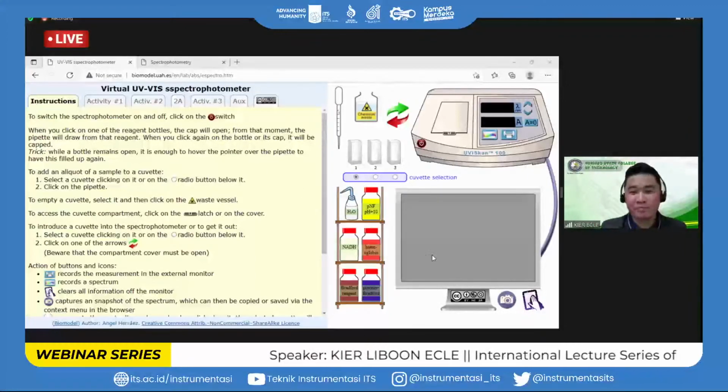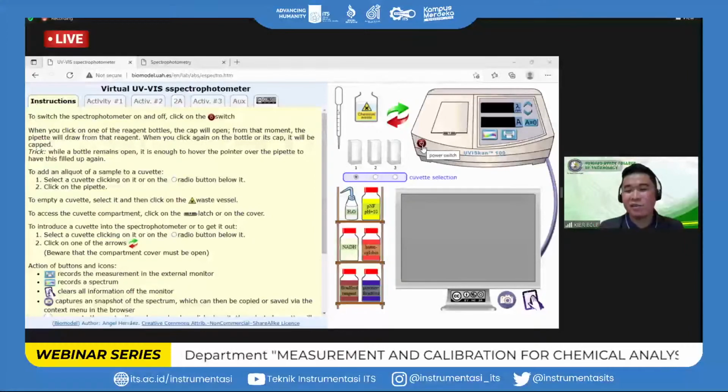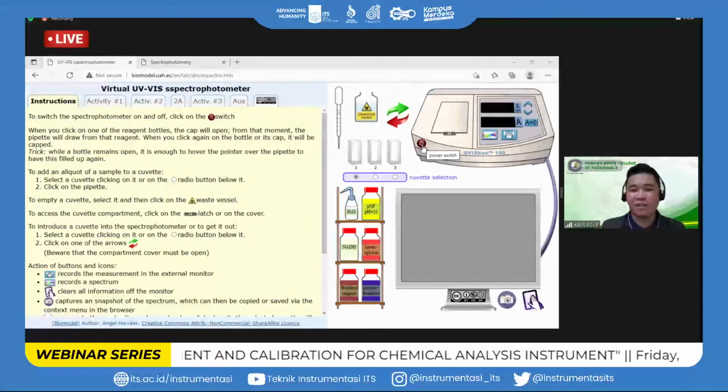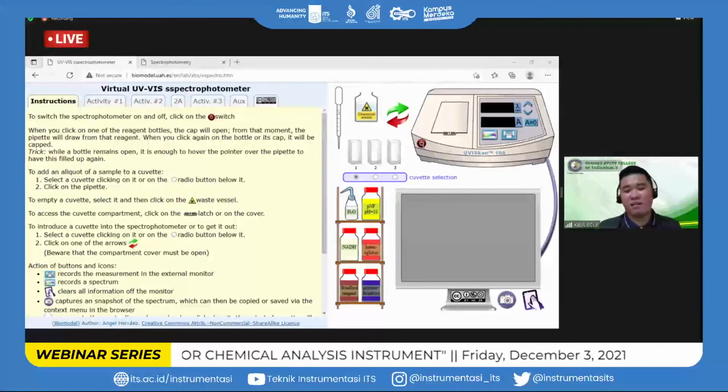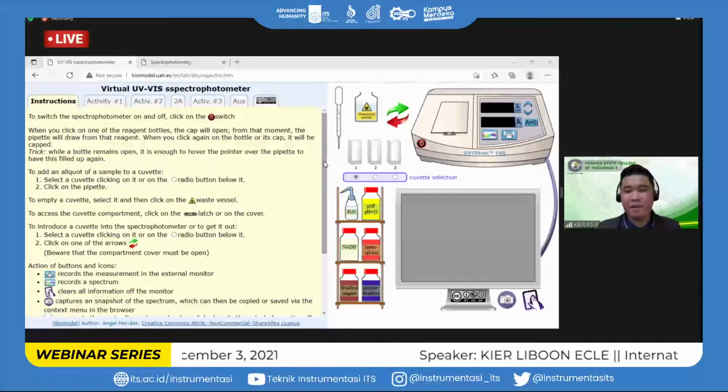So for UV-Vis spectroscopy, you have here the instrument that is used to measure the absorbance or the transmittance of the sample.